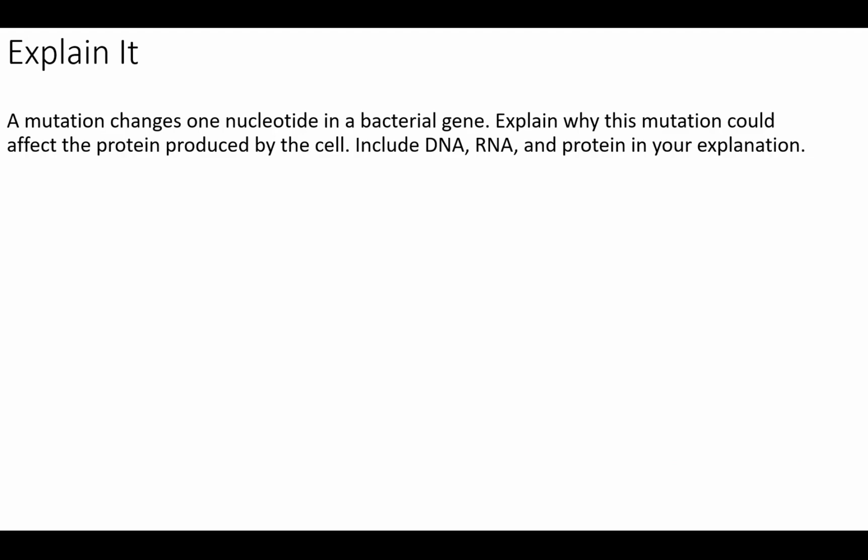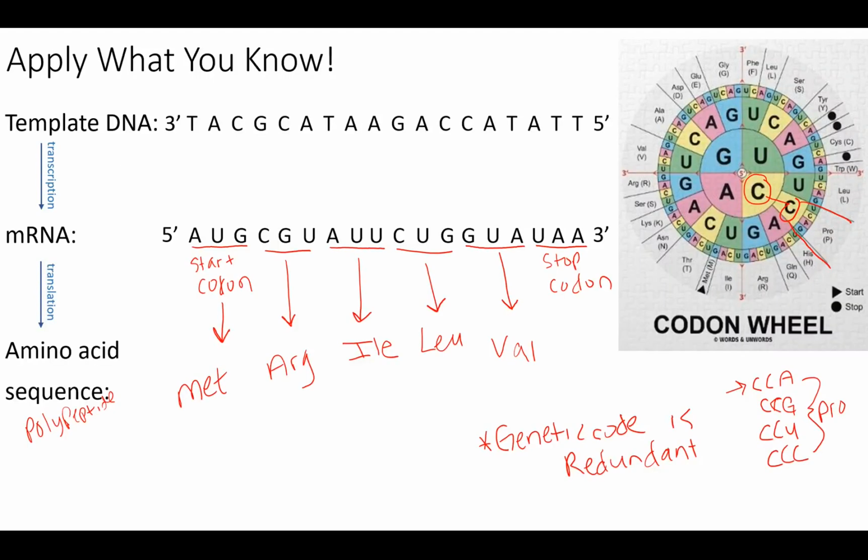All right, so what I just showed you is that in this case, if there is an error in the DNA, it may not impact the protein. And I actually need to go back and revise what I said, because the sequence, the CCA, CCG, CCU, this is our RNA sequence. Because we're using the codon wheel, notice there's U's in it. So we know this is RNA we're talking about.